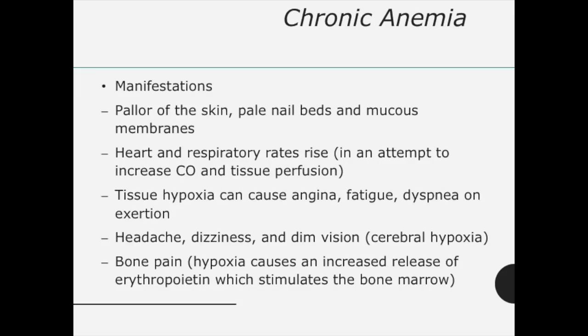I'm going to go over the chronic anemia manifestations, and then from this point on, you will just see chronic anemia manifestations. So, pallor of the skin. The patient's pale, their nail beds and mucous membranes are pale. Heart and respiratory rates rise.